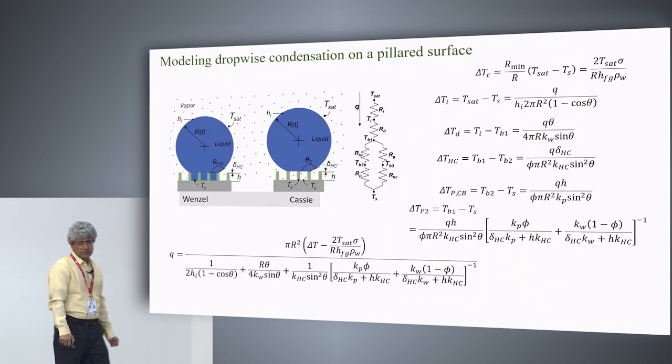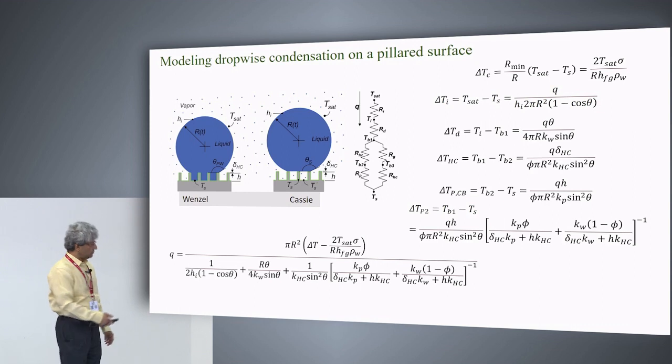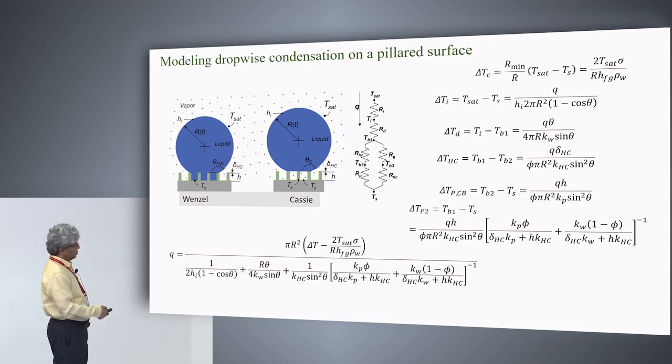Okay, so the information we gathered from the drop surface interaction studies was brought into drop-wise condensation modeling. So you can see this is the Wenzel state and this is the Cassie state.